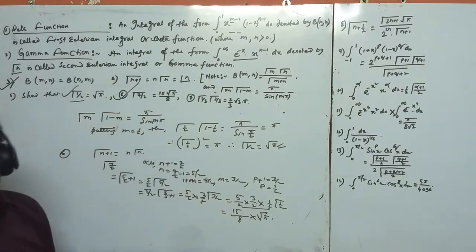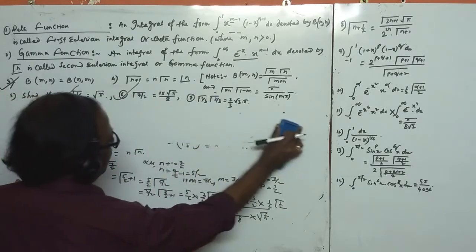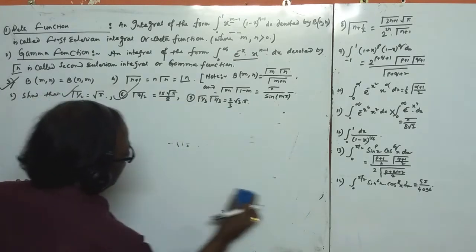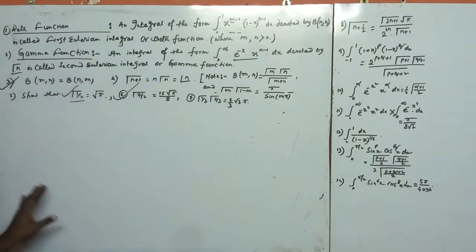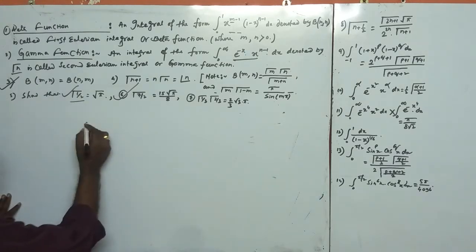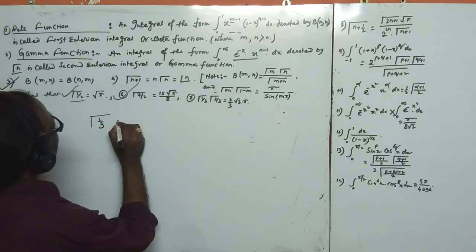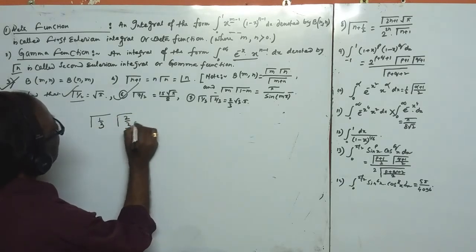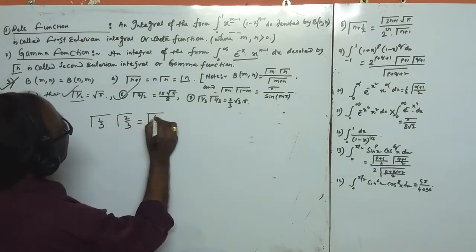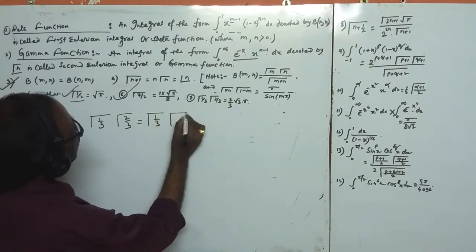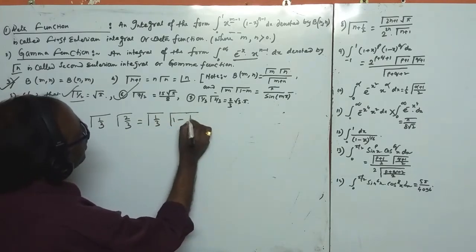Now for question number 7, that is gamma 1 by 3 into gamma 2 by 3. And 1 by 3 and 2 by 3 can be written as 1 minus 1 by 3.